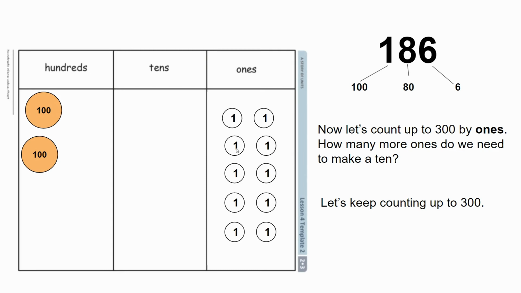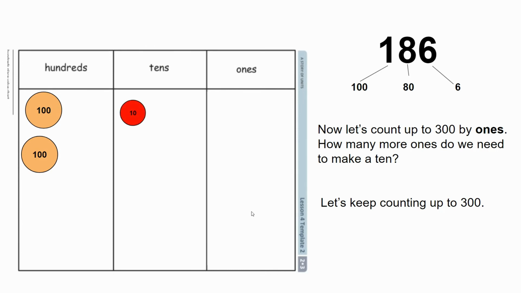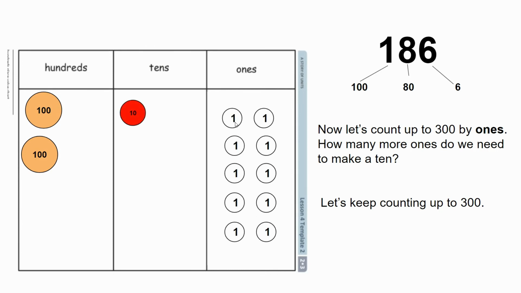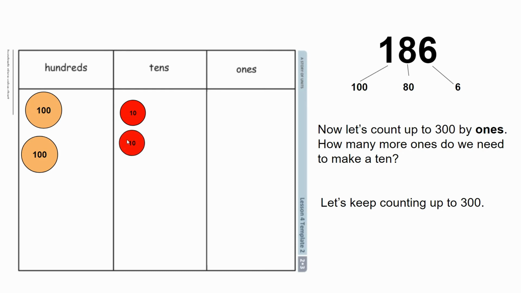201, 202, 203, 204, 205, 206, 207, 208, 209, 210. Trade it. 211, 212, 213, 214, 215, 216, 217, 218, 219, 220. Trade it for another 10.